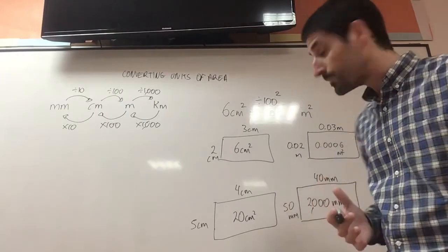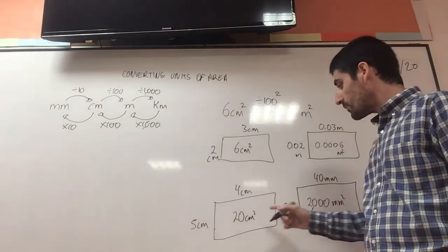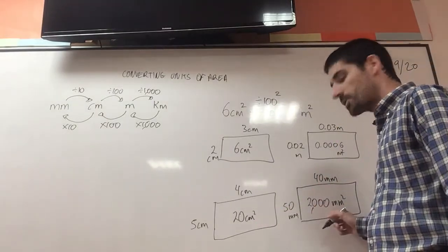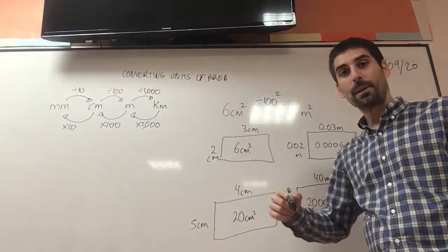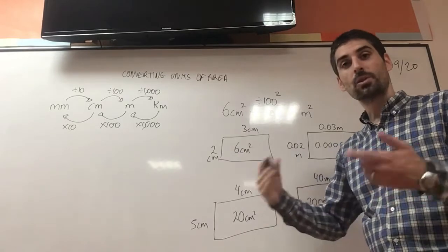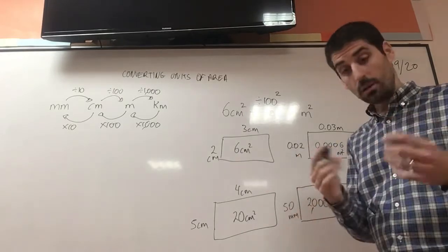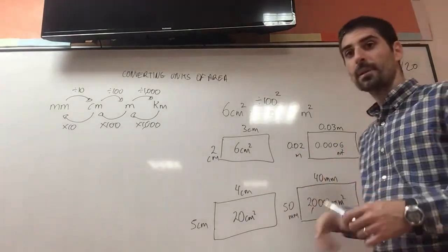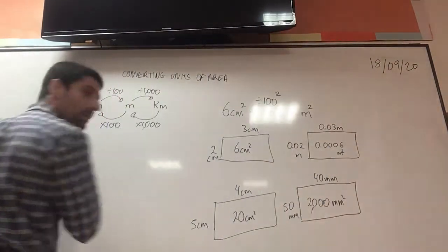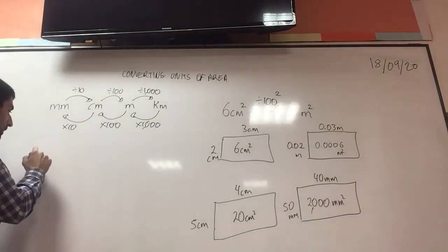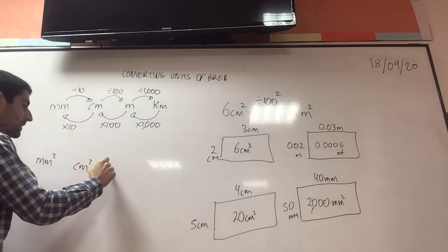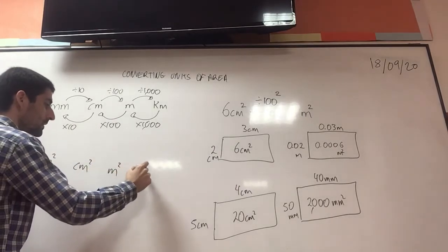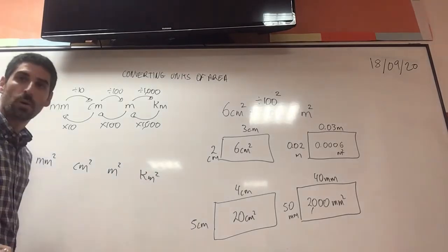Hope you appreciate that. To go from centimeters squared to millimeters squared, I'm not multiplying by 10. I am multiplying by 10 squared. 10 squared is 100. I'm going to write it here. So I've got millimeter square, centimeter square, meter square, kilometer squared.